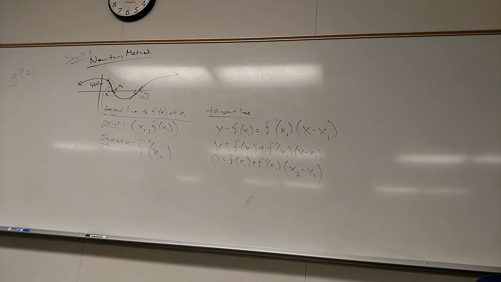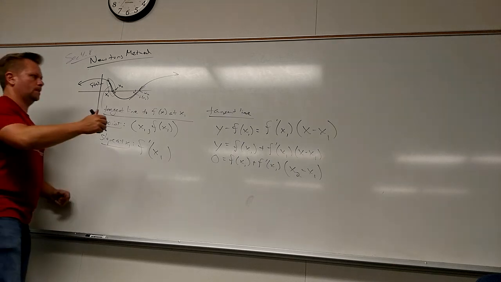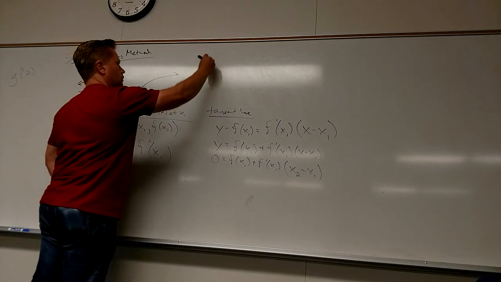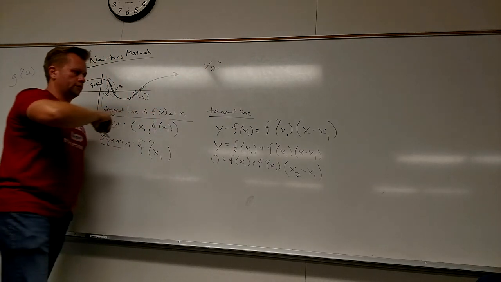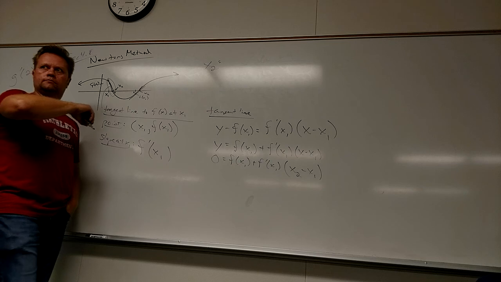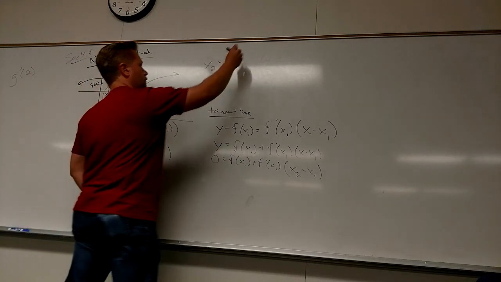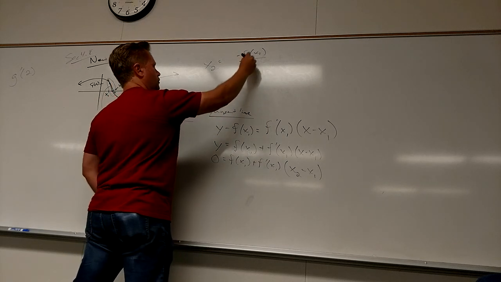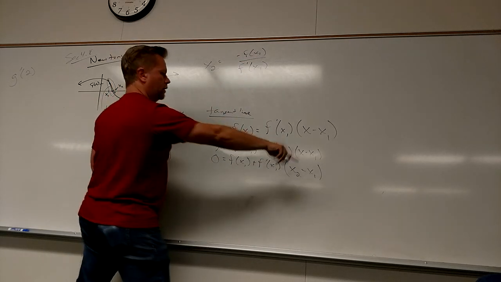I always wonder if somebody comes into calculus thinking, thank God, I'm away from algebra now. No. Algebra is learning to walk, especially learning to crawl. So it'll be negative f of x1 divided by f prime at x1, and then add x1.